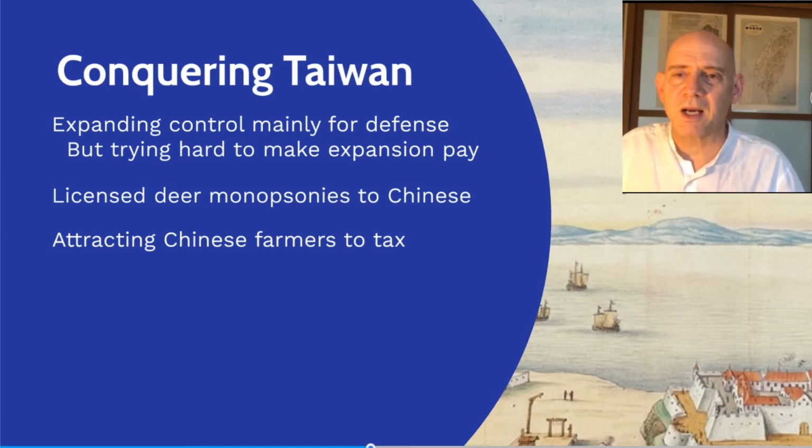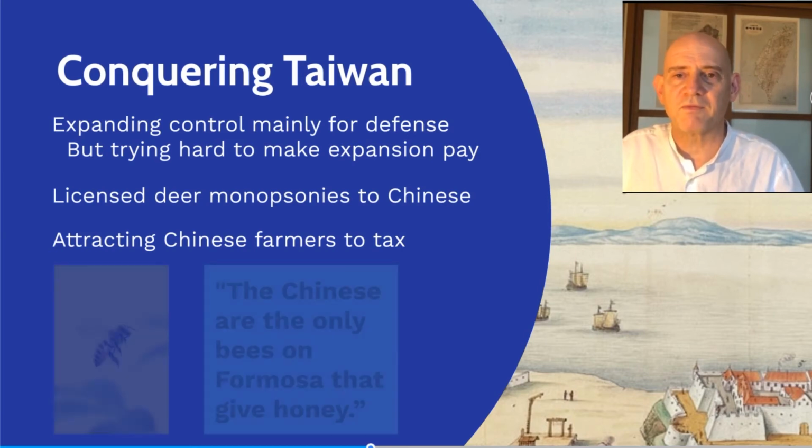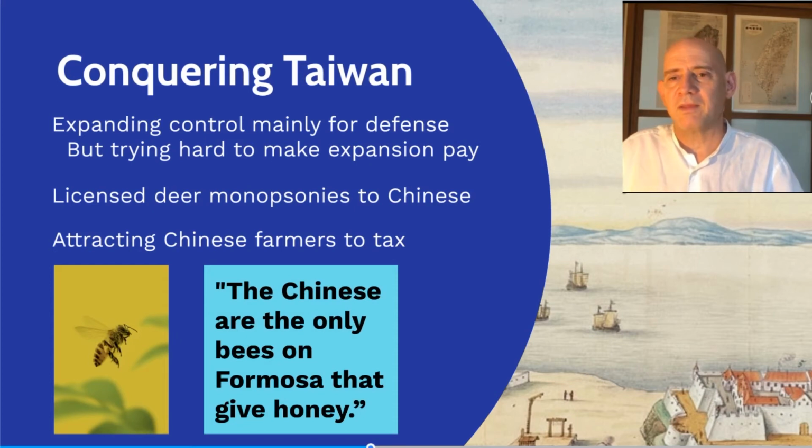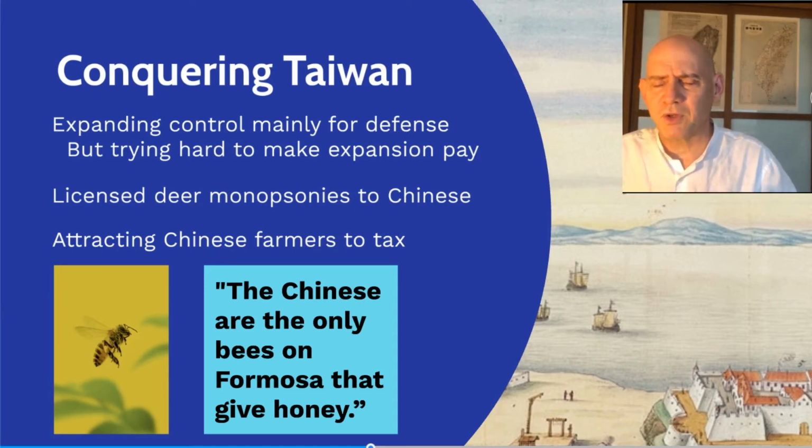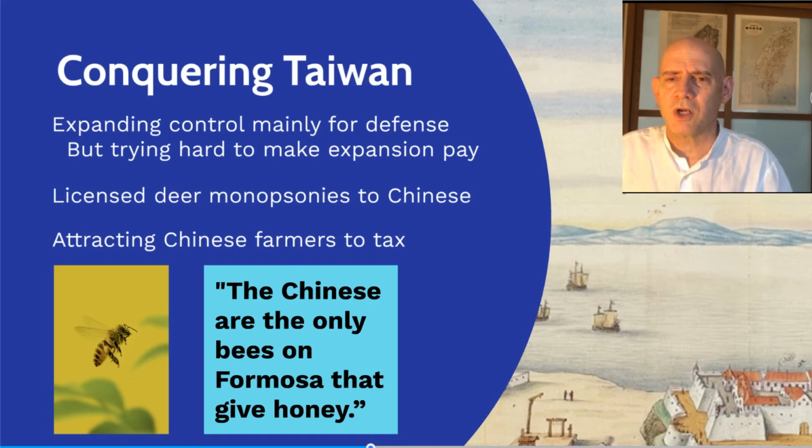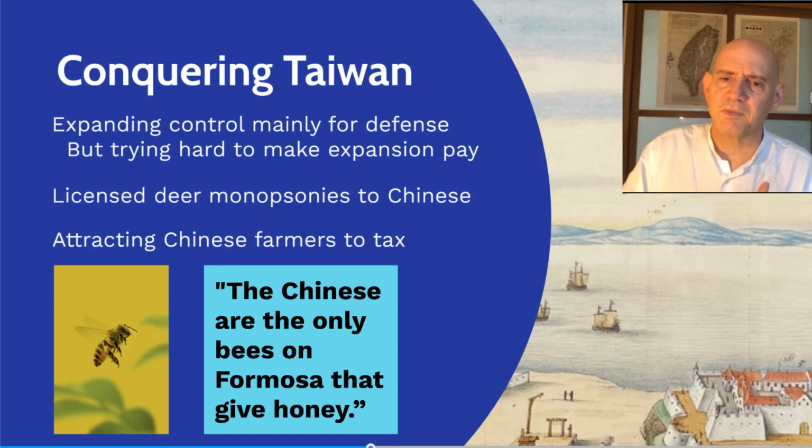This becomes the main source of income for the Dutch on Taiwan. And they very famously say the Chinese are the only bees on Formosa that give honey. Formosa, that's Taiwan. And they're saying that the Aborigines are good as soldiers, but if you really want to make money, the Chinese are the ones you've got to make the money from.